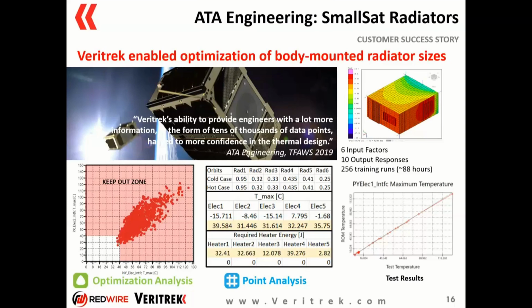So they actually had 6 different body-mounted radiators on 5 different sides of this bus and wanted to optimize the size of each of those 6 radiators based on temperature requirements in hot conditions and then heater energy requirements in cold conditions. And so they were able to use Veritrek's optimization and point analysis features to optimize each of those 6 geometries and filter down to a single optimized design solution.